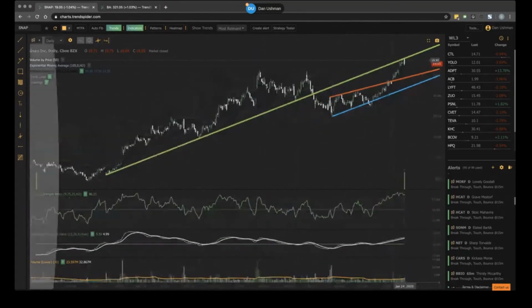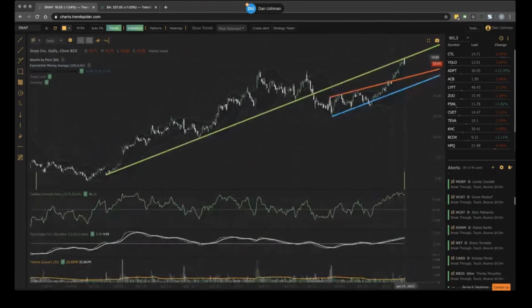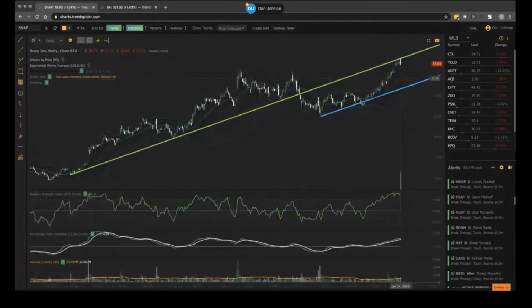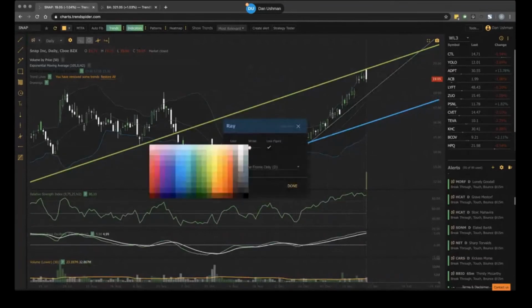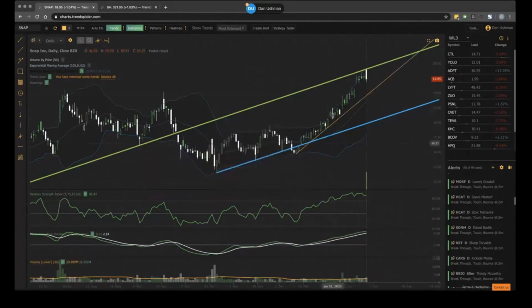So if I were going to consider longing Snap, I'd either want price to break above this line or get far enough away from it where it can bounce to it. And maybe this is the actual trend that's going on here. Maybe it's something like this. This is your channel, right? And maybe you've got some kind of upward movement or upward channel or inner wedge type of thing going here, right?